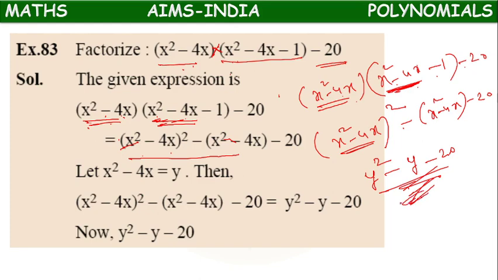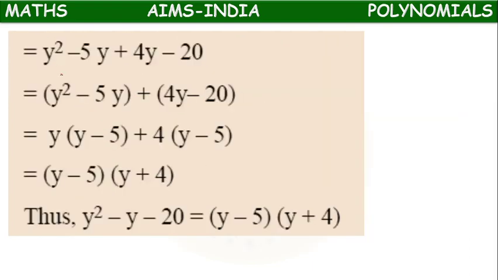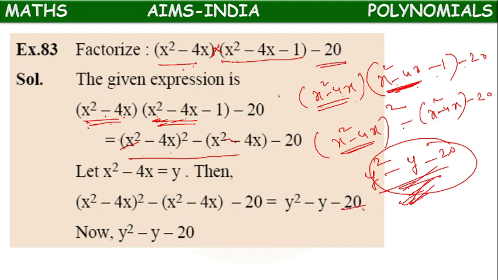Now we have to find factors of this, so that 2 factors will come. Again, if we expand, for each one 2, 4 factors will come. So minus 20 we can write as minus 5 plus 4.